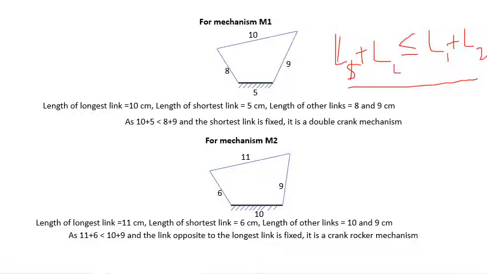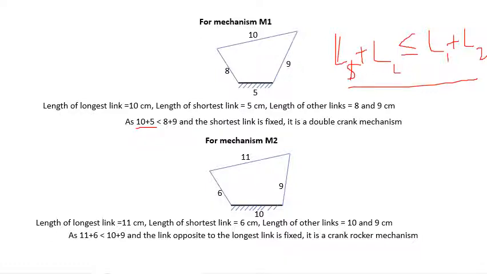The longest link is 10, the shortest link is 5. So 10 plus 5 is 15, which is less than the sum of the remaining two lengths, that is 8 plus 9, 17. So the shortest link is fixed. The obtained mechanism is a double crank mechanism.